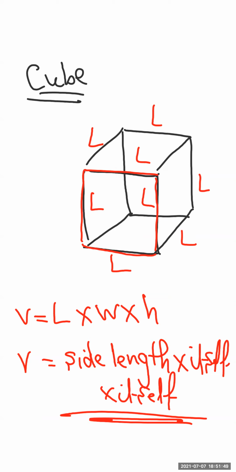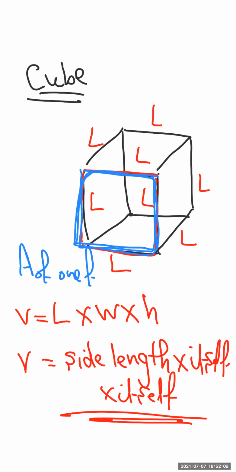The next point, if I want to get the area of one face of this cube, one face like this face, this blue one, we just said that it's a square. So what will be the area of the square? Area of one face, which is a square, equals, of course, the side length times itself because it's a square.